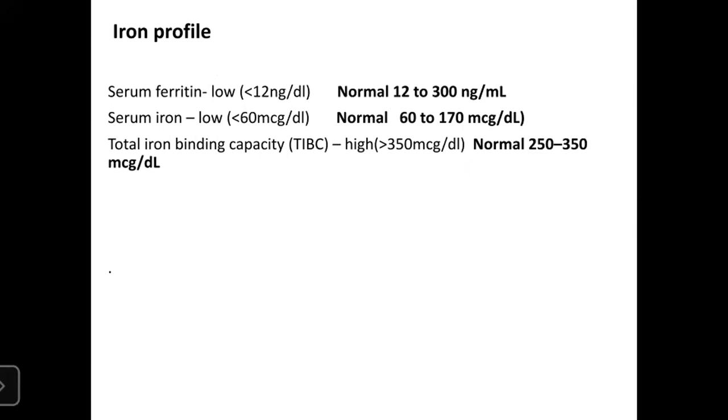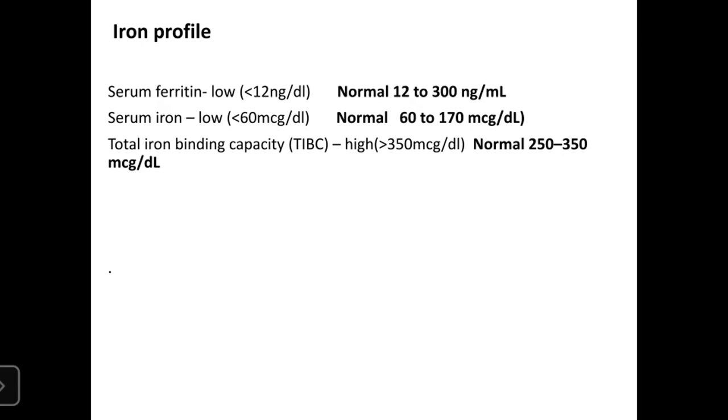In iron deficiency anemia, the TIBC level is high, and the other parameters such as serum ferritin, serum iron, and transferrin saturation decrease.